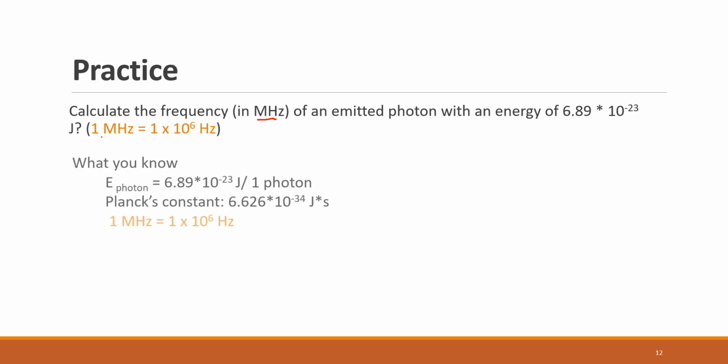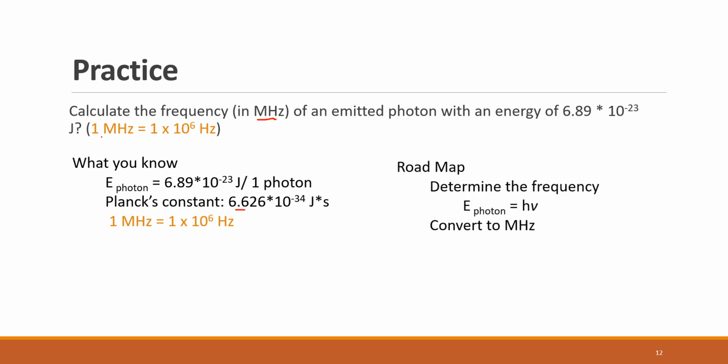All right, so what do we know? We know the energy of a photon they gave to us. We know Planck's constant, because that's always the same, and then also the conversion factor. So we need to determine the frequency and convert it to megahertz.